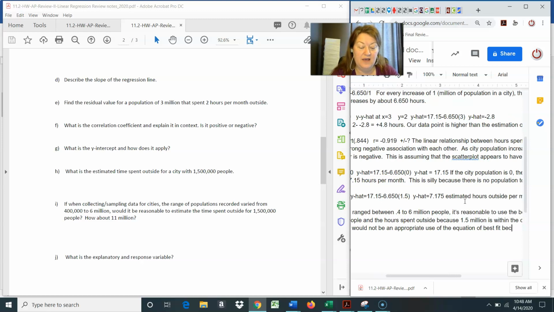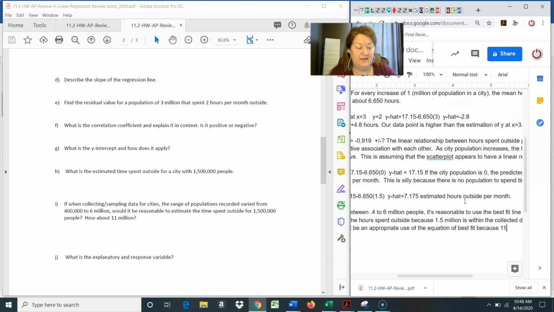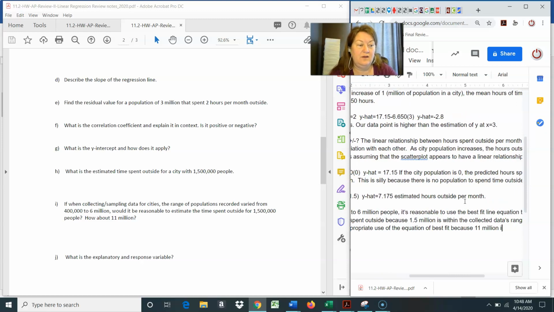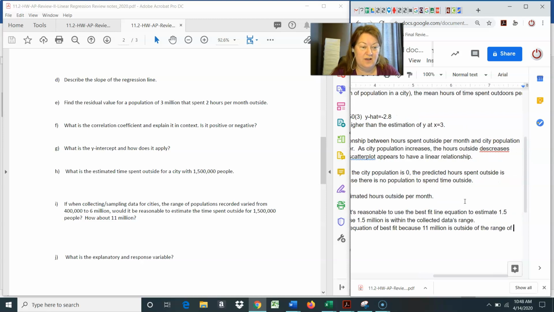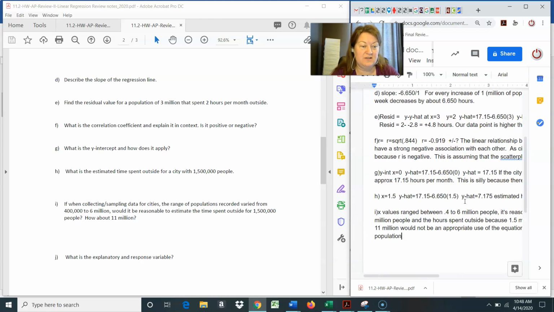Why? Because 11 million is outside of the range of populations collected and would be extrapolation. And remember, we know that extrapolation is bad, okay? So if we don't collect it, we don't want to estimate outside of it, okay?